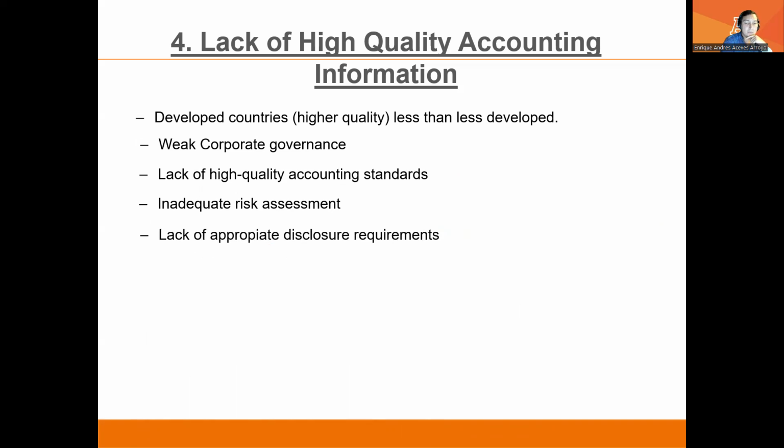So those are or could be the issues, in one way or another, that are present in the accounting records of a foreign company. Okay, why? Because they are using different accounting standards.